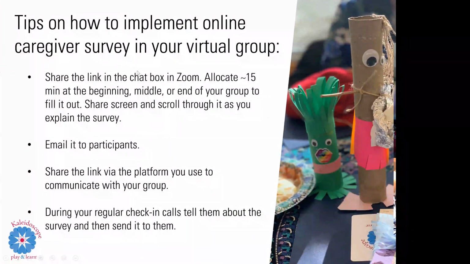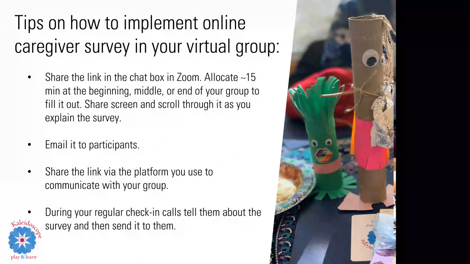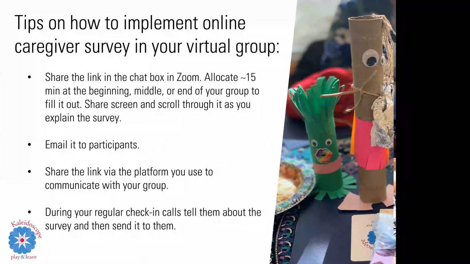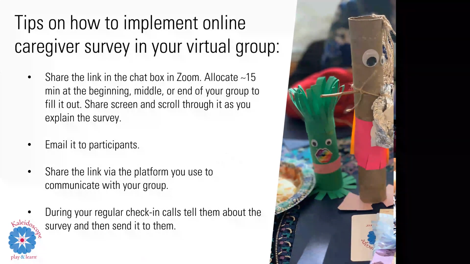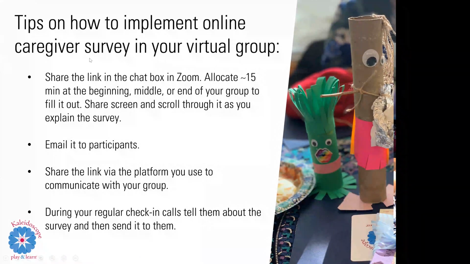You can move to the next one, Kim. Oh, I love this picture. Okay, tips on how to implement the online caregiver survey in your virtual group. You can allocate 15 minutes before, during, or at the end of your group for participants to fill it out. You can pop the link into the chat box and share your screen so that you can explain the survey.